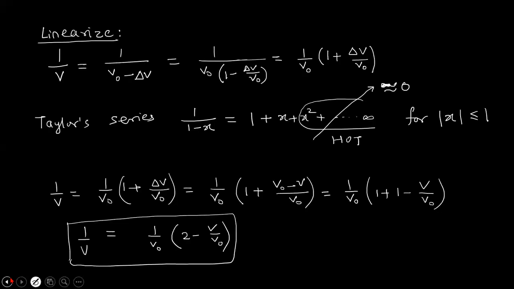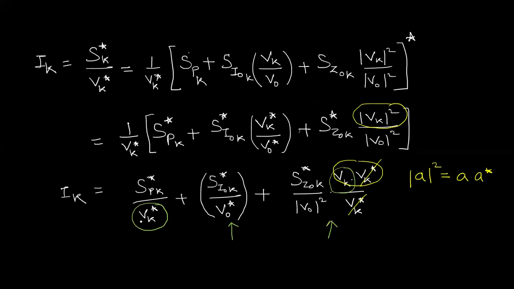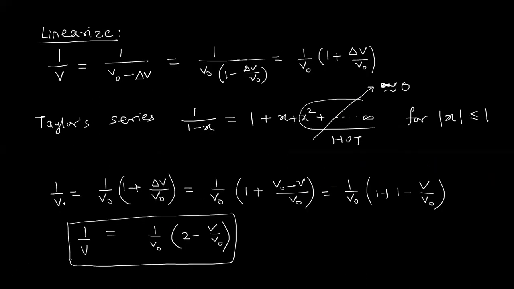So let us write IK as represented as SPK conjugate, and here we had 1 upon VK conjugate. So just replace V by V conjugate here. That's it. Other things will remain as they are.